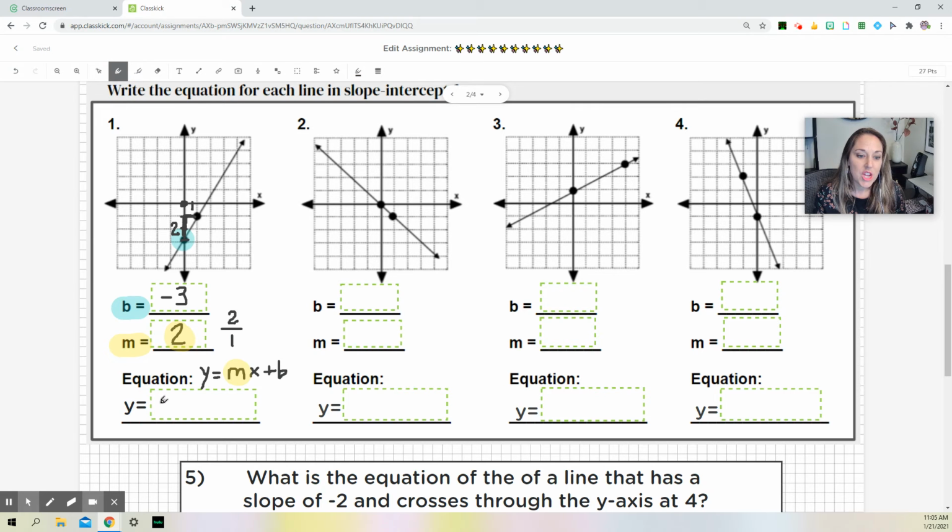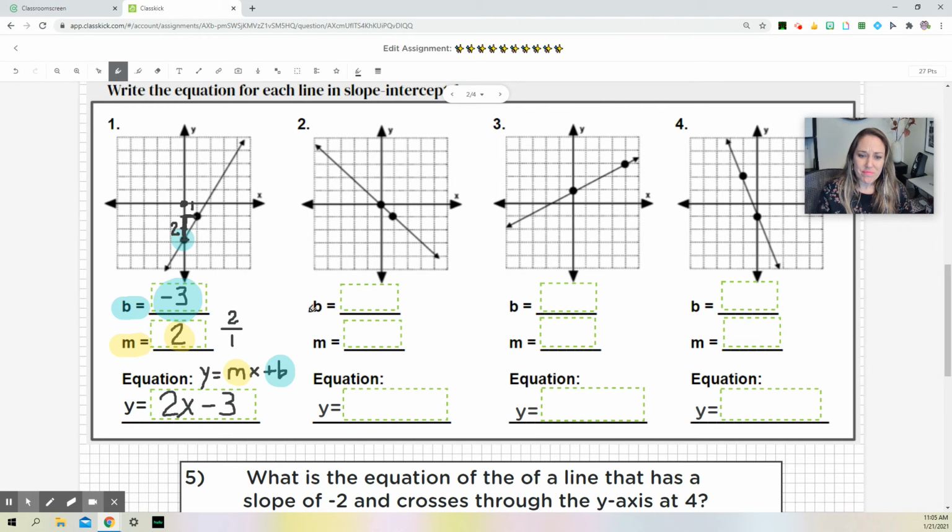So we're going to write y equals 2x, and then the b is -3, which goes right after the 2x. Some people might write plus a -3. I like to clean it up a little bit and just put -3.